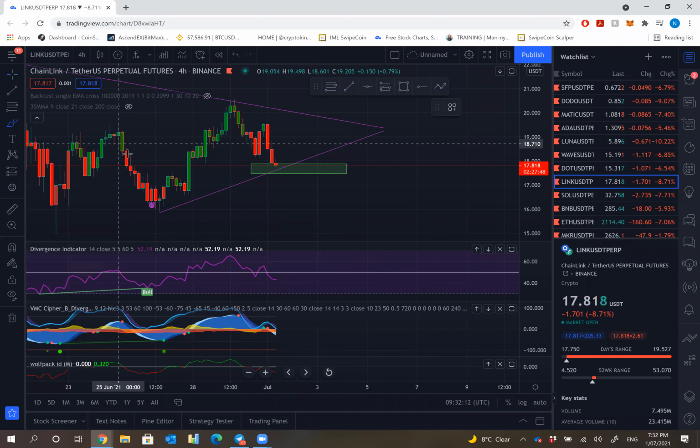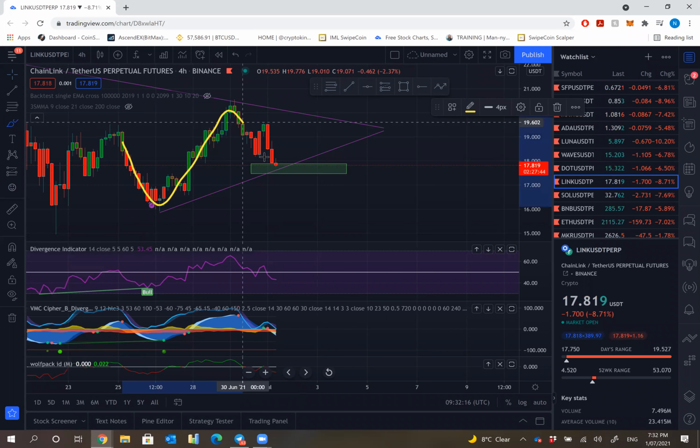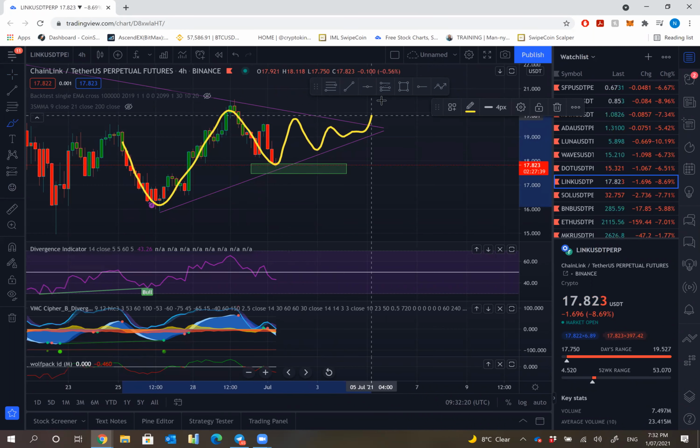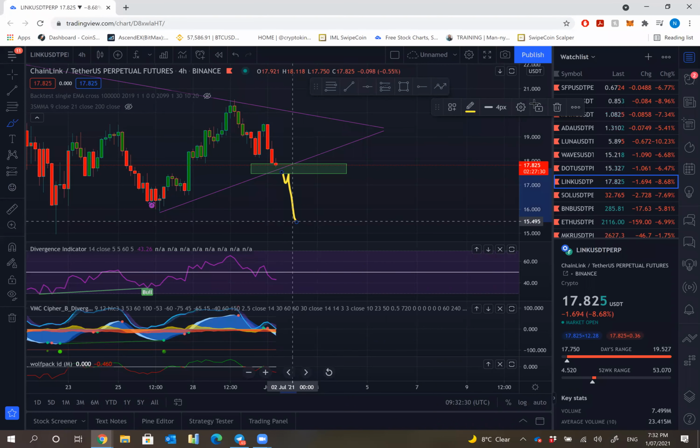With continuation patterns you've got sellers in control, buyers in control, sellers, buyers, and then it bounces off. But if there's no buying power here, we could quite easily break, retest, and head back down.